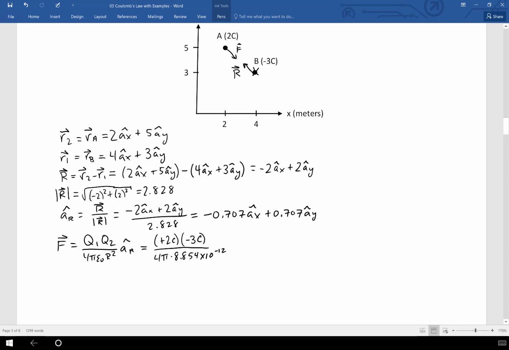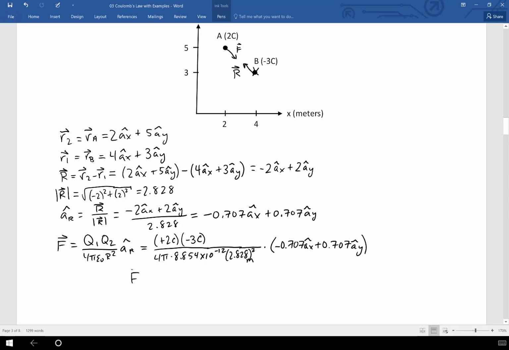And then the radius is going to be, as we just saw, 2.828 squared. That's in meters. And then we multiply that by the unit vector, minus 0.707 a sub x plus 0.707 a sub y.